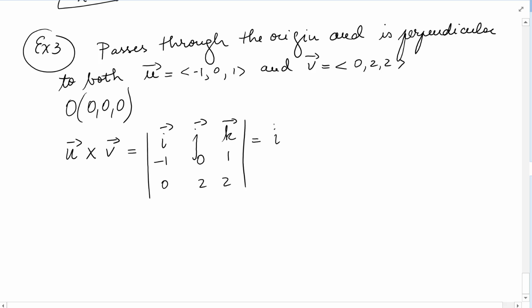that gives us i times, if we cross out, we get -2, minus j times, if we cross out the row and column of j, we get -2 again, and plus k times -2. Surprisingly, we got -2 on all of them.